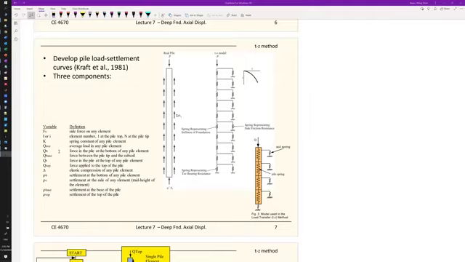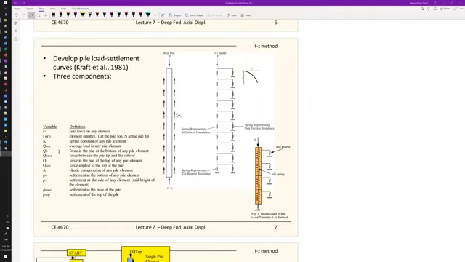I just want to bring you up to the next level, and look at the design of a more complicated problem like we are doing now, the settlement or displacements of deep foundations, the long piles. And it is complicated because you have three components, and at least two of them involve soil-structure, which means soil-pile interactions.